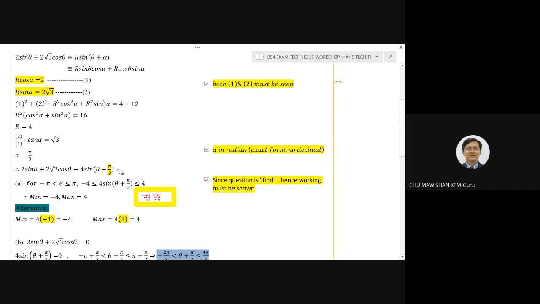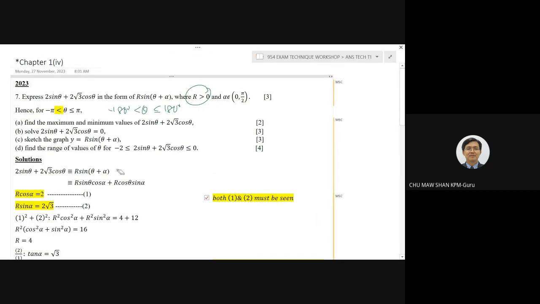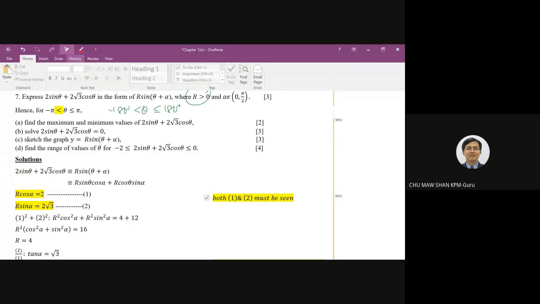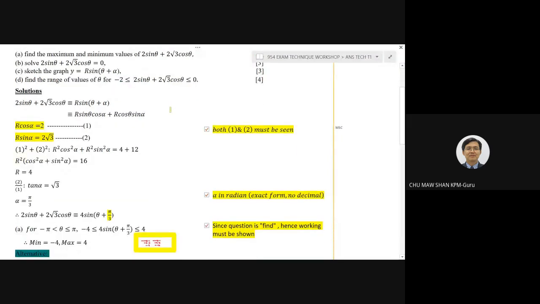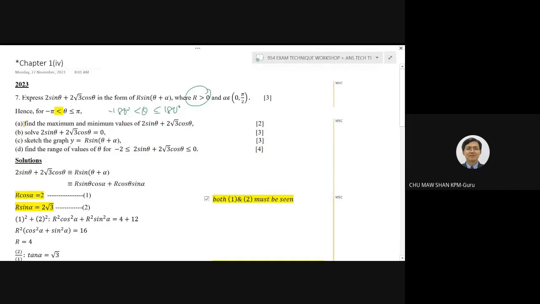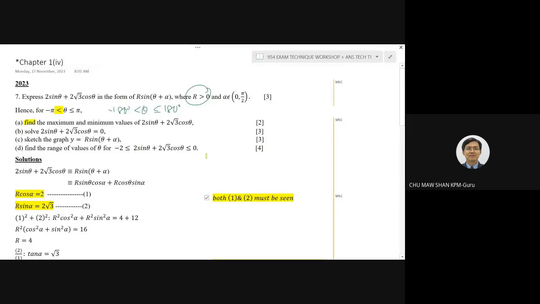Next, the question is asking to find the maximum and minimum values of 2 sine theta plus 2 sec 3 cos theta. Do you see the keyword? What is the keyword here? The instruction: find. Be careful. Find means you must show something.